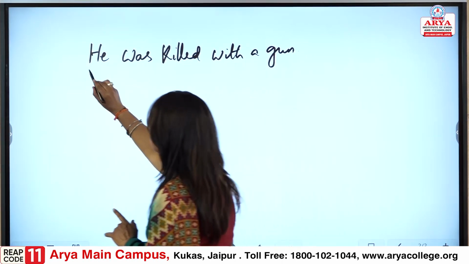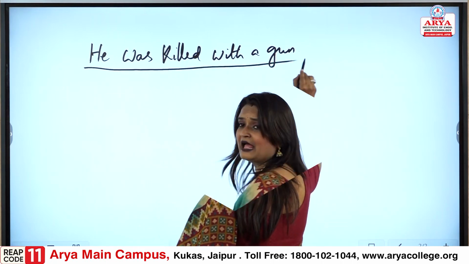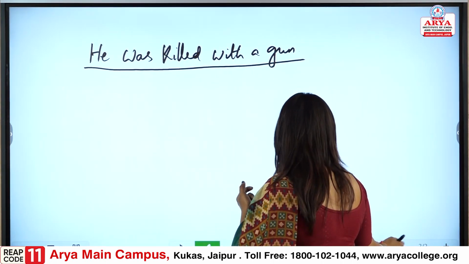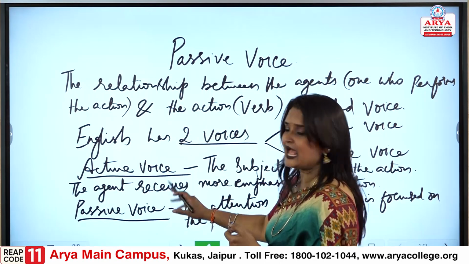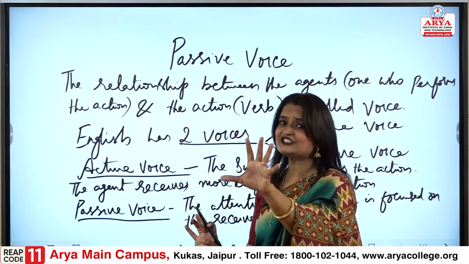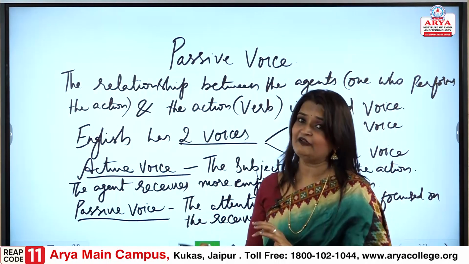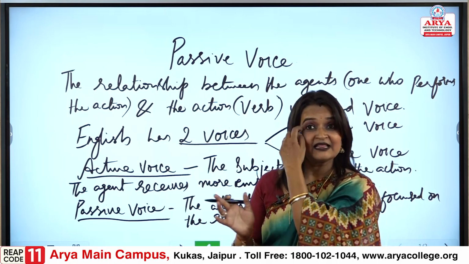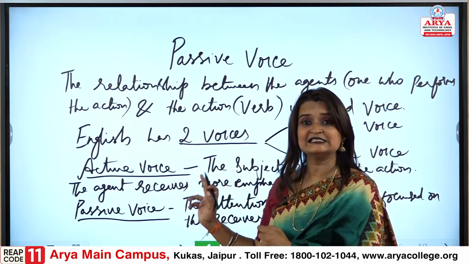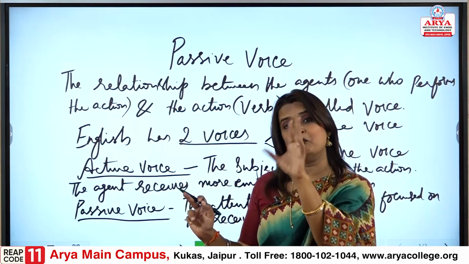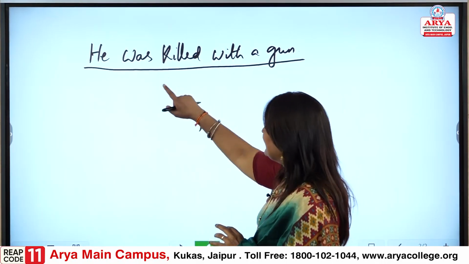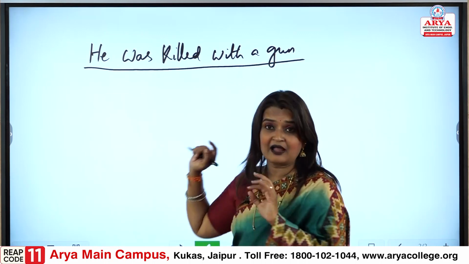Now let us study these two points, and just remember them as we go further. When we understand with all the examples, I will discuss this again and make our understanding more clear.